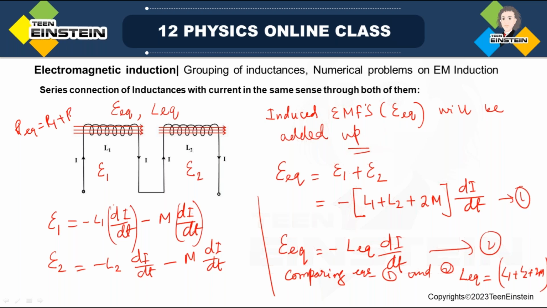Similar to that, L equivalent is equal to L1 plus L2 plus 2M. And when the mutual coupling is not there, this term goes, so you get L1 plus L2 as the equivalent self-inductance.